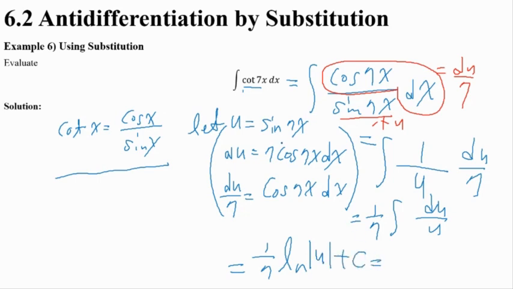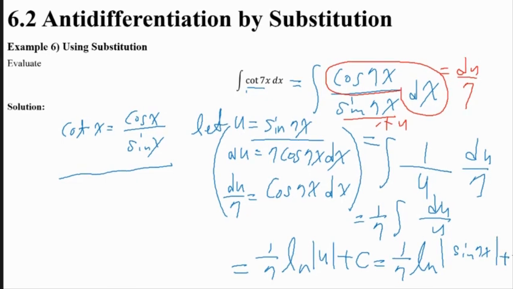And finally, u is sine 7x, right? So 1 over 7 and then the absolute value of sine 7x plus c.